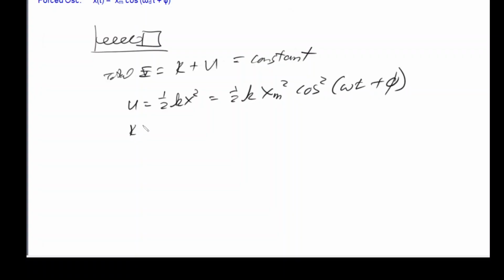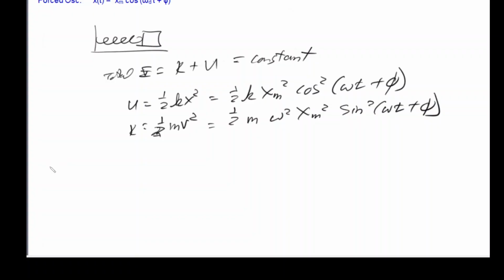And kinetic energy is equal to 1/2 mv squared. And if we use the equation for velocity that we derived, that becomes 1/2 m omega squared xm squared times sine squared omega t plus phi.